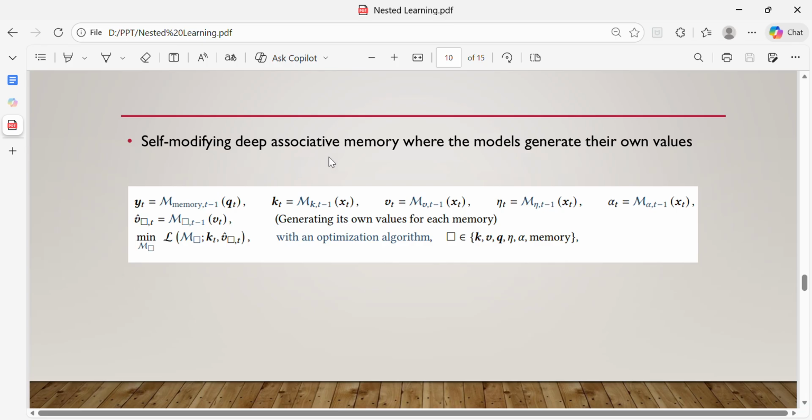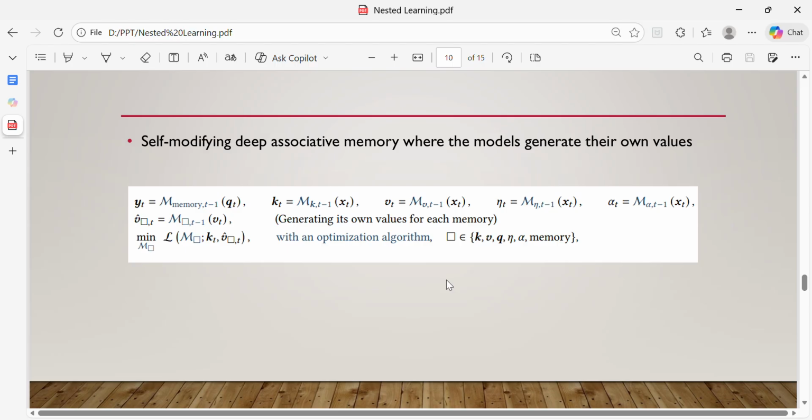So, self-modifying deep associative memory where models generate their own values. This is again a variant. Here, the second step changes. Here we define V hat of each of the key, value, query and parameters as memory at t minus 1 of vt, and this is defined for each of key, value, query and parameters.